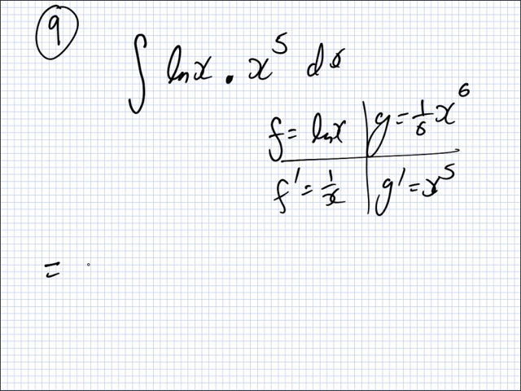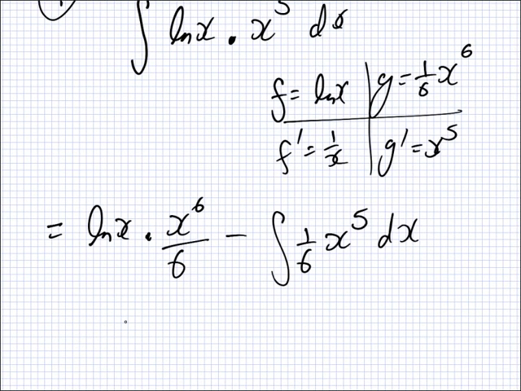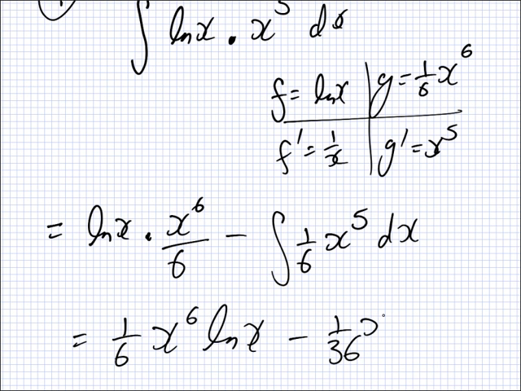The rule is this is equal to f g minus the integral of f derivative times g, which basically makes x power 5 here because it's 1 over x times x power 6, so you cancel an x. So the final answer is 1/6 x^6 log x minus 1/36 x^6 plus c.